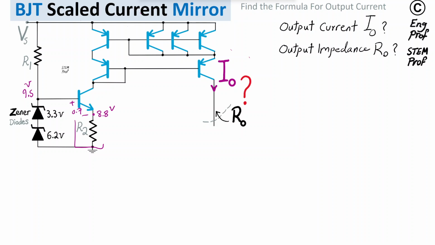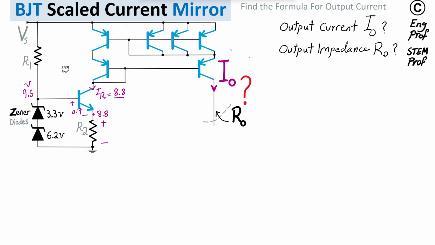So we can select R2 to have the proper emitter current, or let's say reference current effectively. Given that we have ground on the other side and 8.8 on this side, effectively across R2 we have 8.8. So that reference current is 8.8 divided by R2 on this side of the circuit.